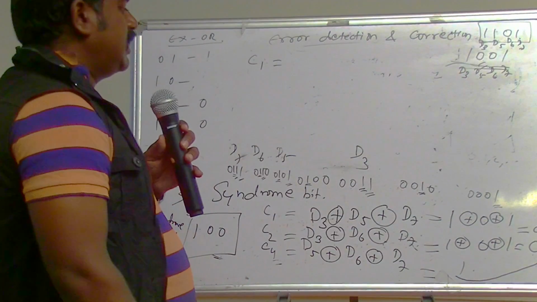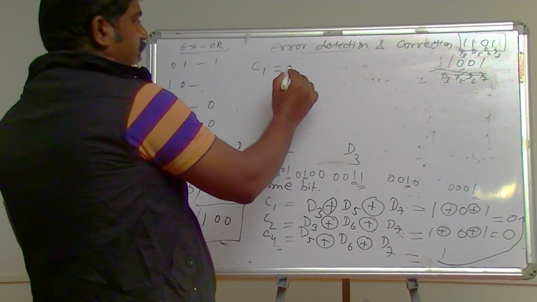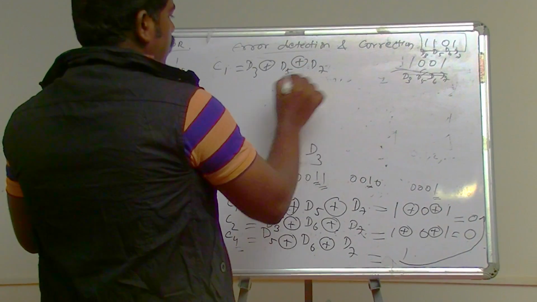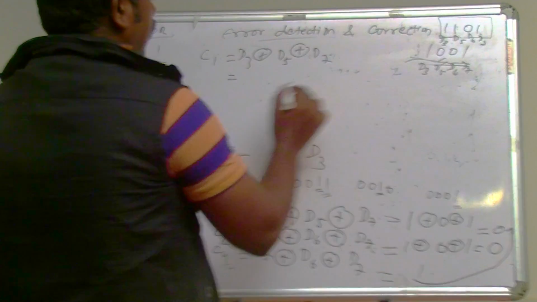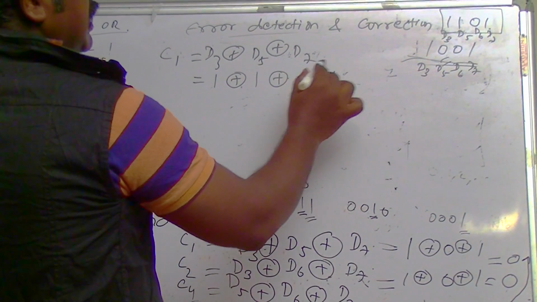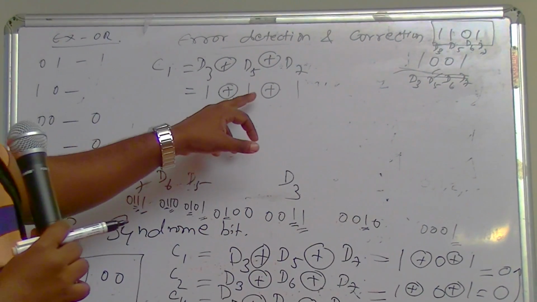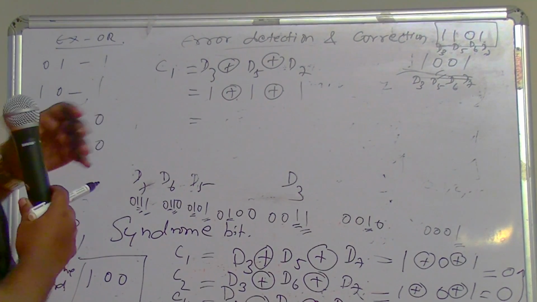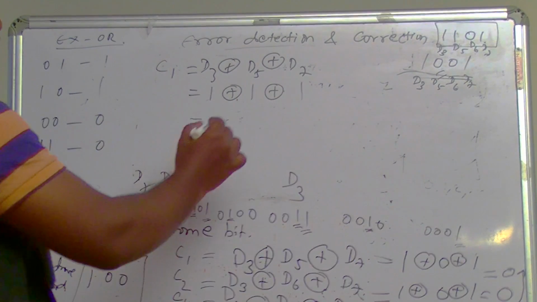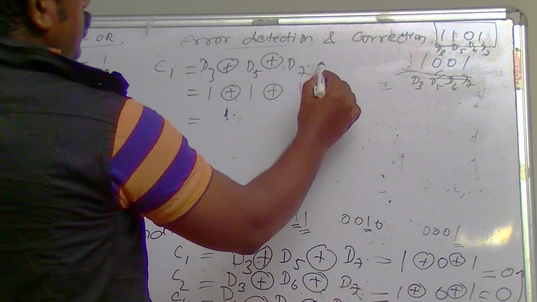Now just substitute for D3, D5 and D7: 1 exclusive OR 1 exclusive OR 1. 1 exclusive OR 1 is 0, and 0 exclusive OR 1 is 1. So we are getting the result as 1. So C1 is 1.